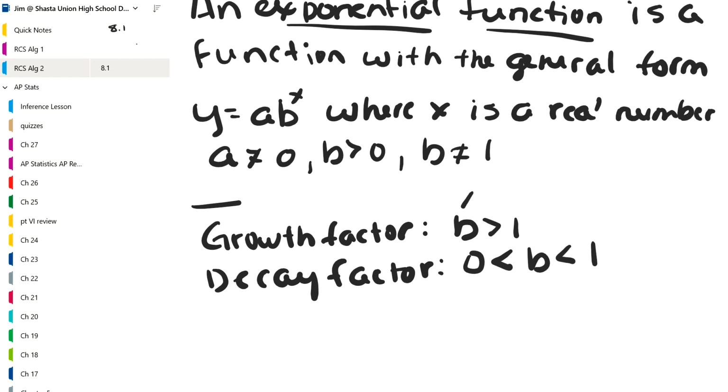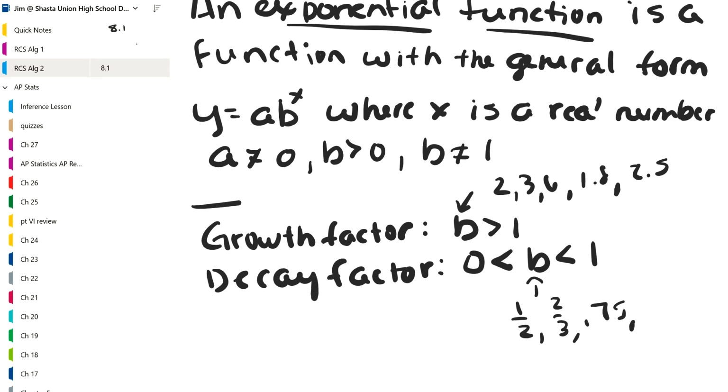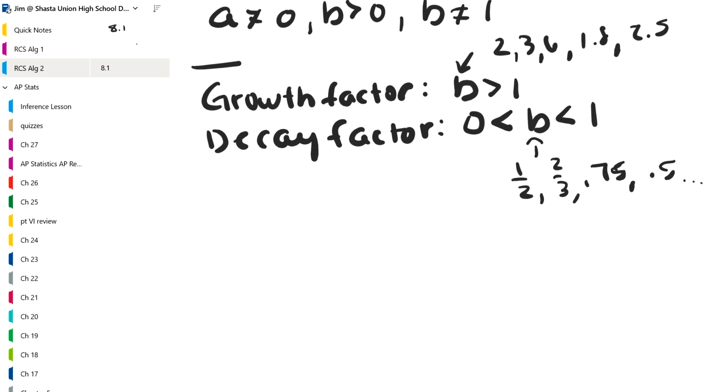So an example of a growth factor might be 2, 3, 6, 1.8, 2.5, anything greater than 1. An example of a decay factor is 1/2, 2/3, 0.75, 0.5. Okay? So this is what we're looking at.